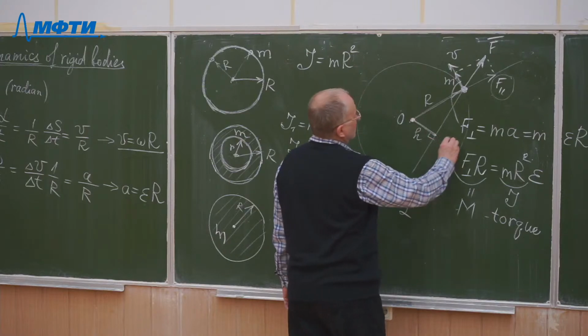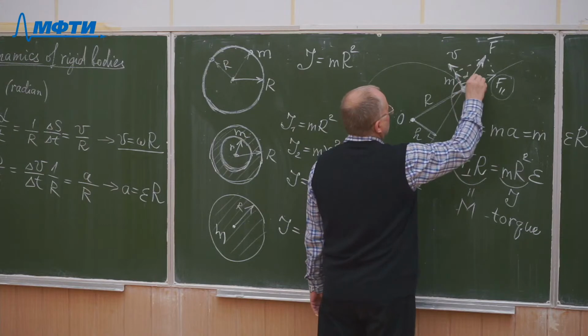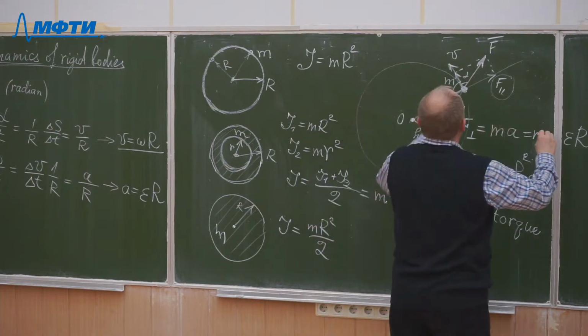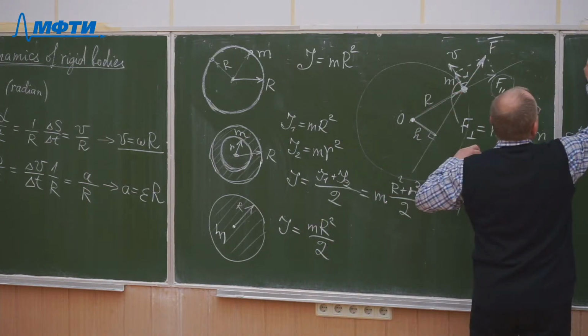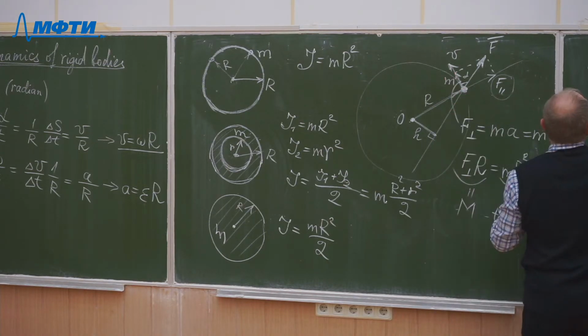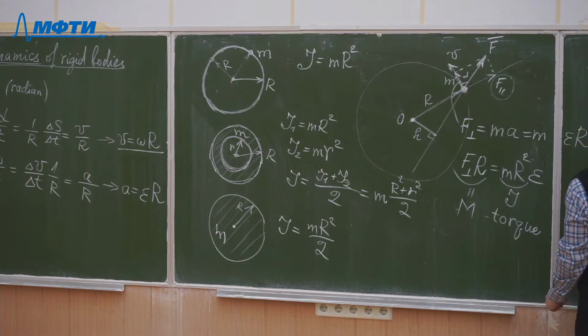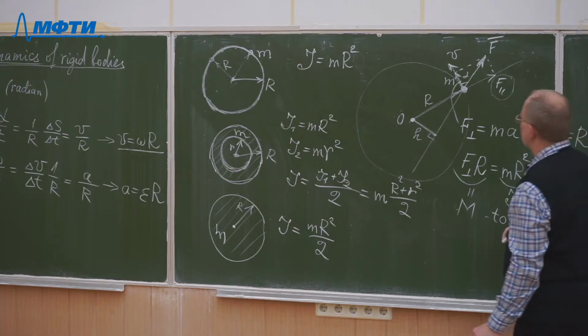This is very useful because if we know this angle, alpha, then the perpendicular component of the force will be equal to the magnitude of the acting force times cosine alpha.